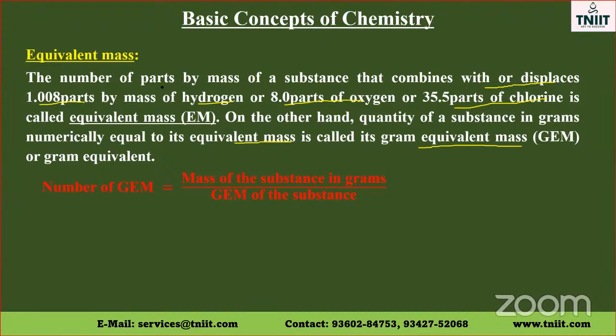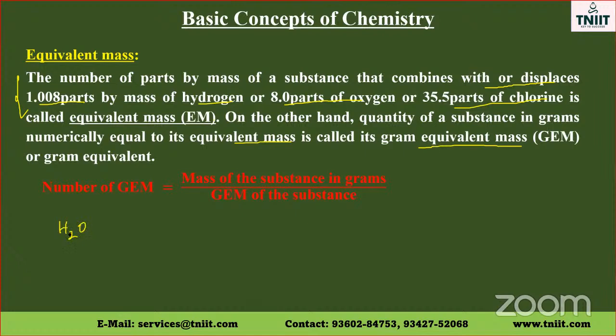Now, the first part of the definition we will try to understand. The number of parts by mass of a substance that combines with or displaces 1.008 part of hydrogen, or 8 parts of oxygen, or 35.5 parts of chlorine is called equivalent mass. Now we will take a simple example to understand it.